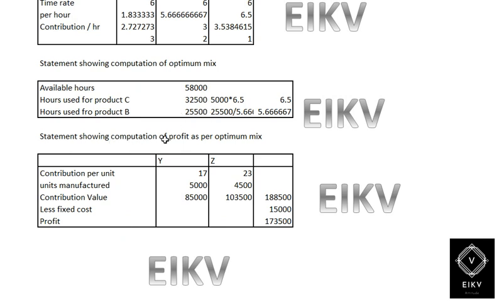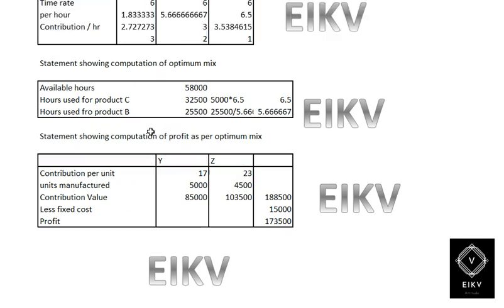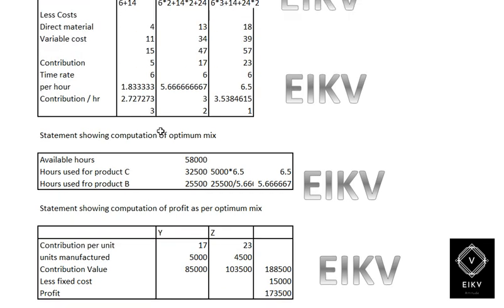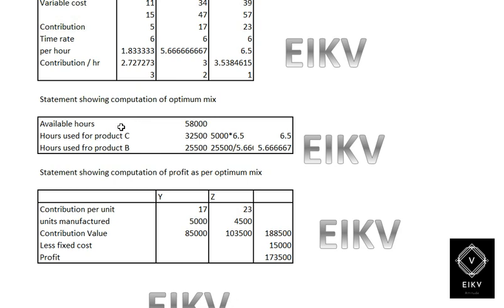Then the statement showing computation of profit as per optimum mix. The hours available in this illustration are much more limited, so we cannot produce the third product, which is Z. Therefore we need to work it out.